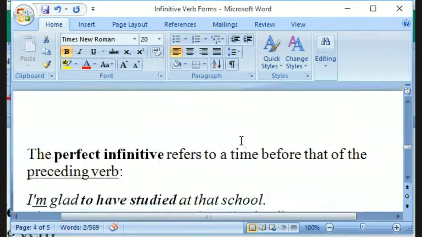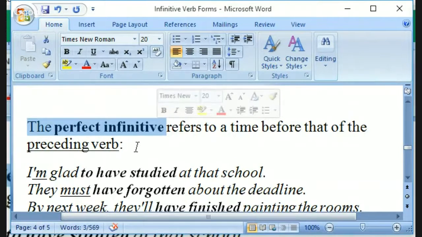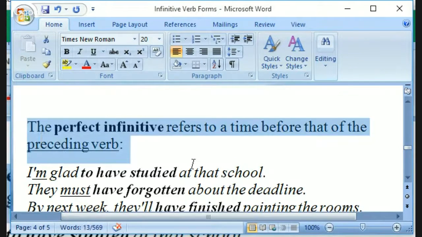Let's look at what a perfect infinitive looks like. The perfect infinitive, interestingly, refers to a time before that of the preceding verb. In other words, it's functioning like another verb tense.